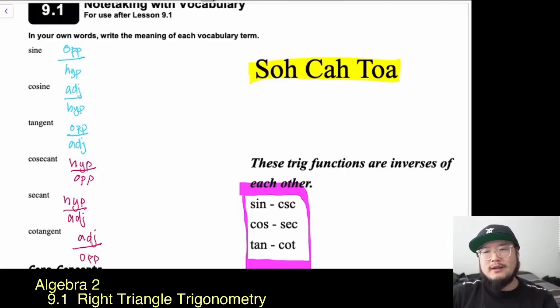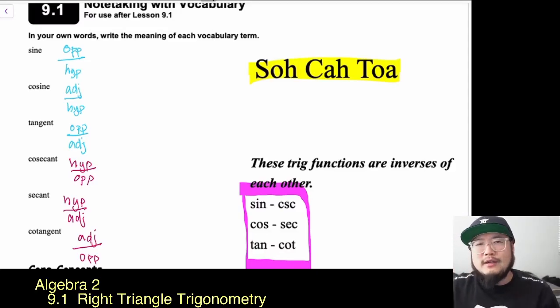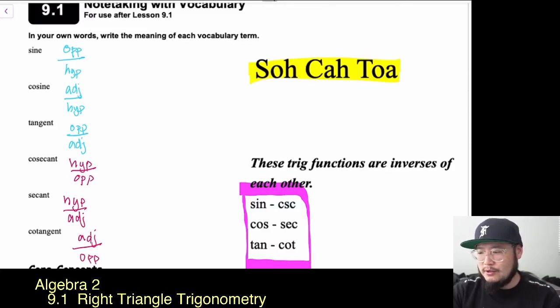But if you don't want to memorize more than you have to, then at the very least, memorize SOHCAHTOA. You do have to remember that sine and cosecant are inverses, cosine and secant are inverses, and tangent and cotangent are inverse trig functions.